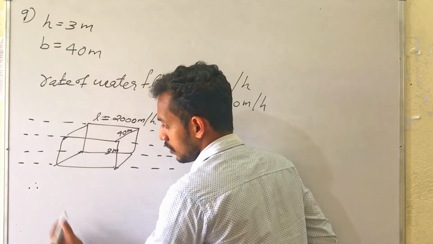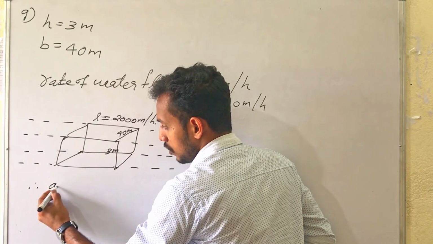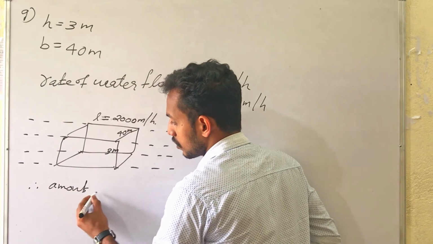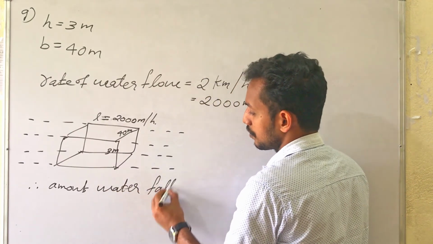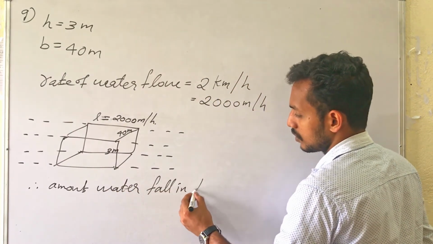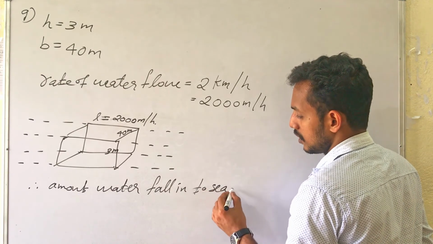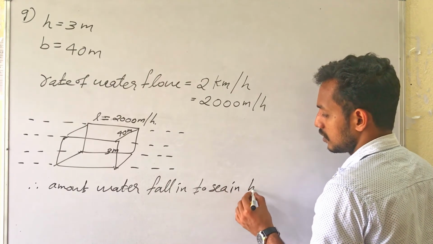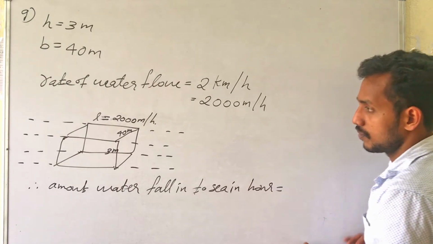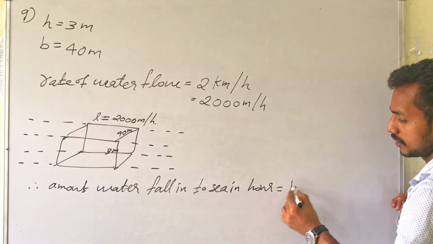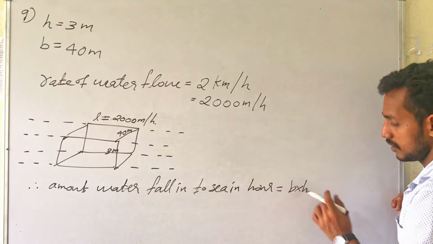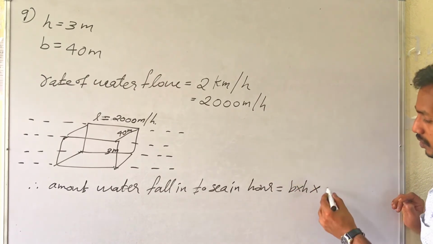So therefore the amount of water falling into the sea in 1 hour is equal to length into breadth into height, that is area, into rate of water flow.